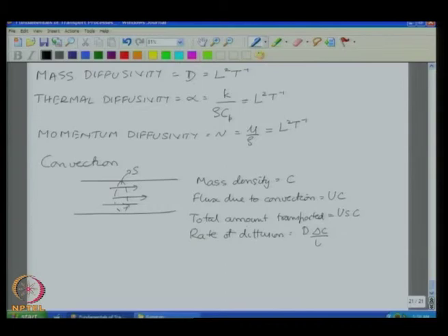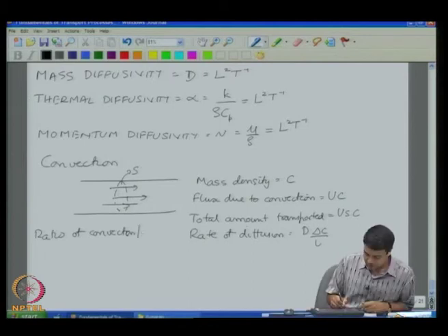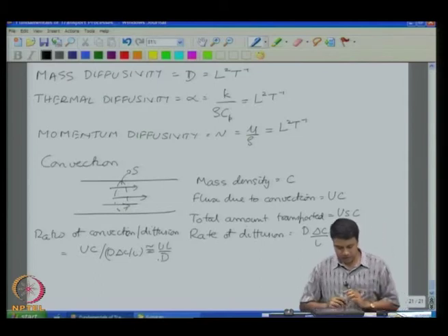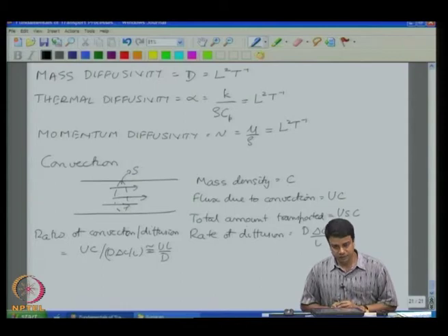Therefore, the ratio of convection by diffusion will be equal to U C by d delta C by L, which will be approximately equal to U L by d. So, this is the ratio of convection to diffusion in all of these problems.